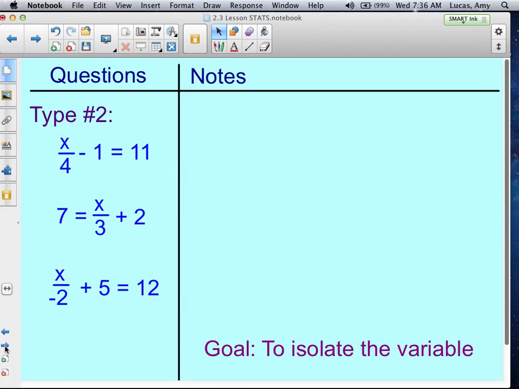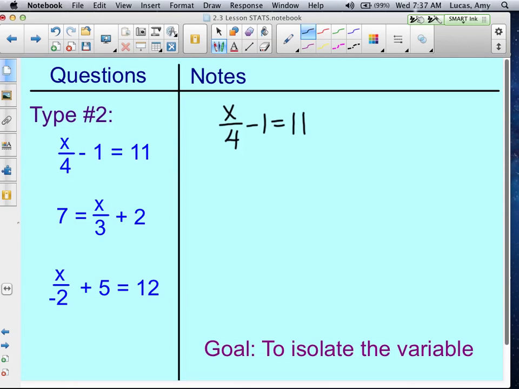Now we're on type 2. Our married couple is a fraction on type 2. Still, the married couple, the number and letter are closest to each other. Third wheel, or the outsiders on the same side.